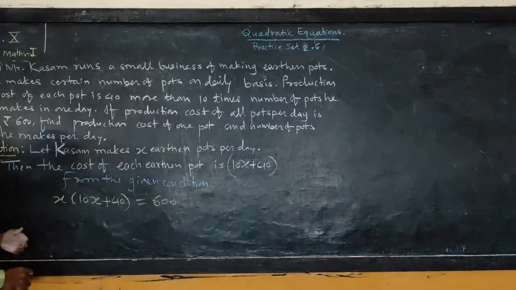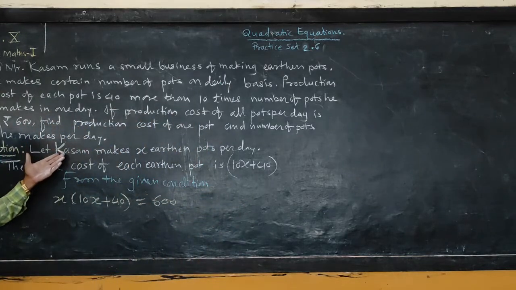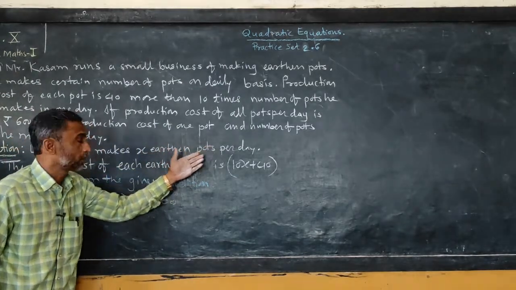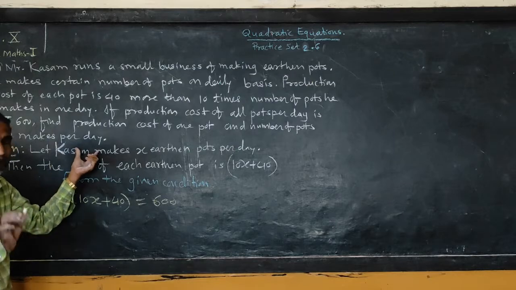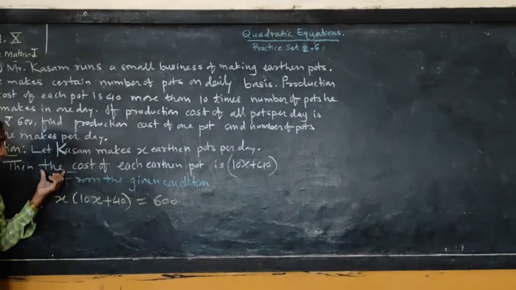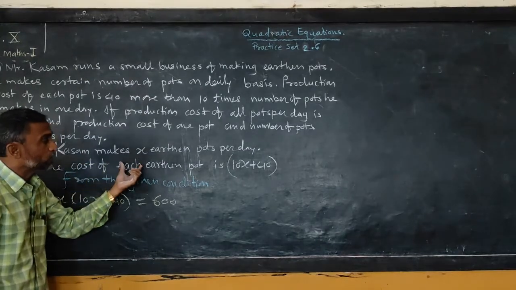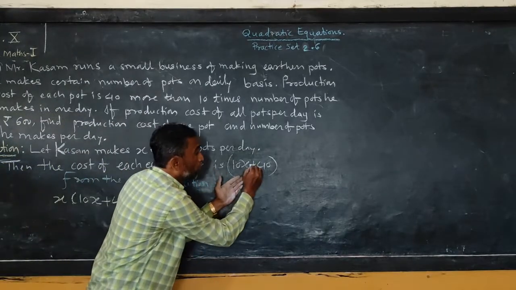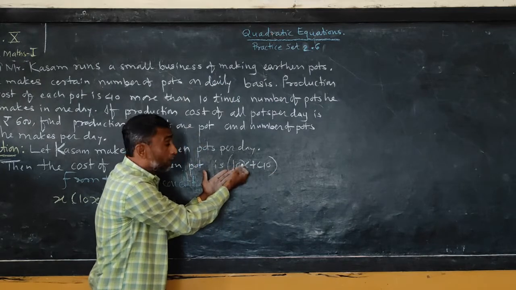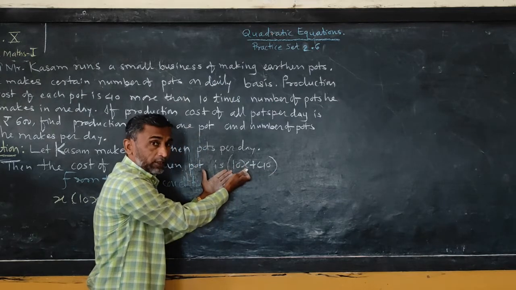So consider, let Kasam makes x earthen pots per day. Then the cost of each earthen pot is 40 more than 10 times the number of pots he makes, means 10x plus 40.